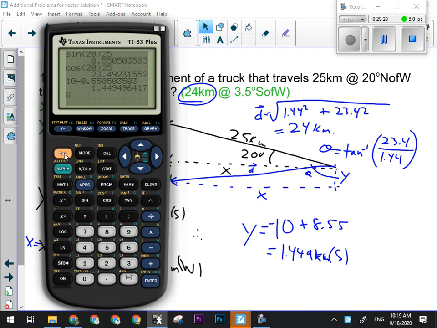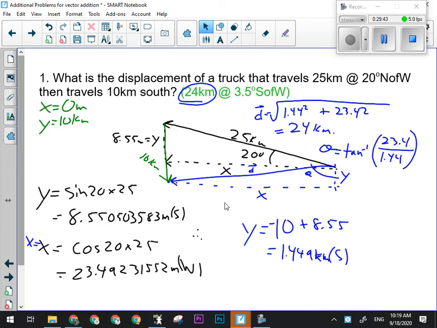So second tan of 23.49231552 divided by my answer gives 86.5, but I only have two significant digits, so it'll be 86 degrees. For me, that's going to be west of south. Obviously you could also get this one, which is the complementary angle.